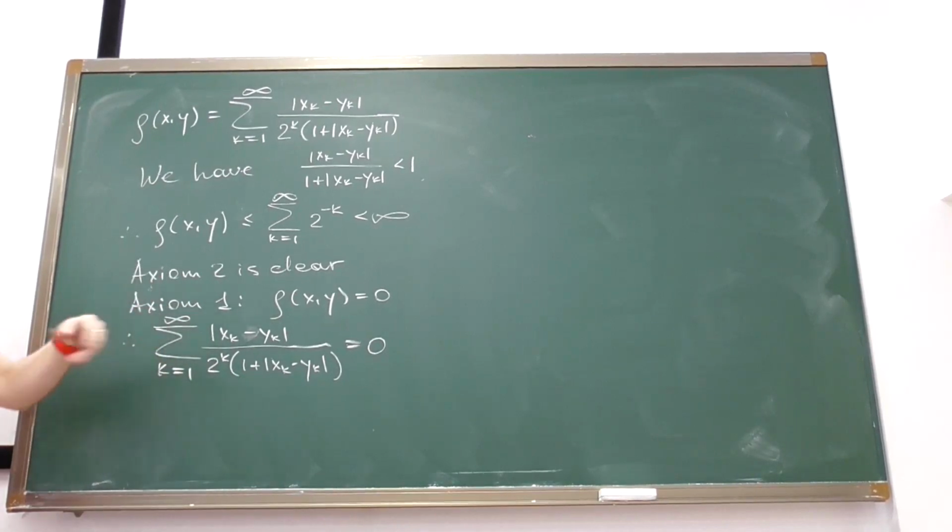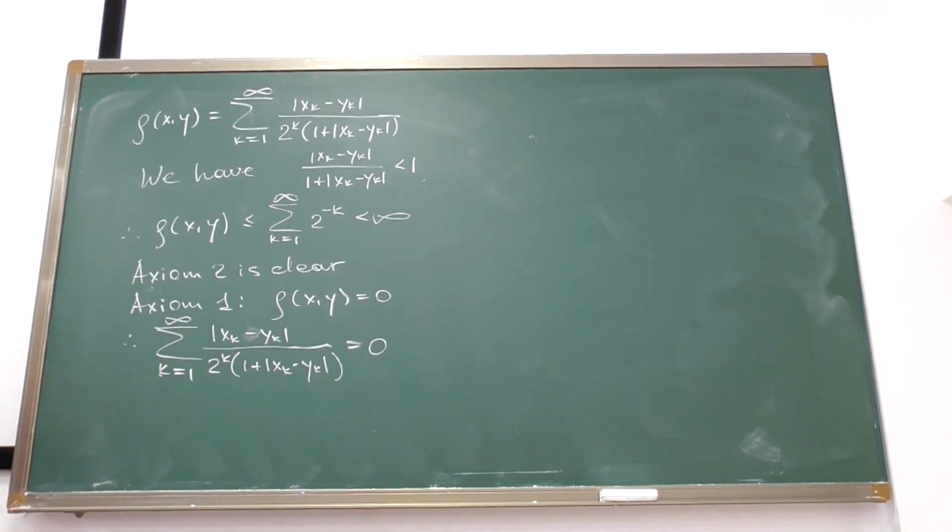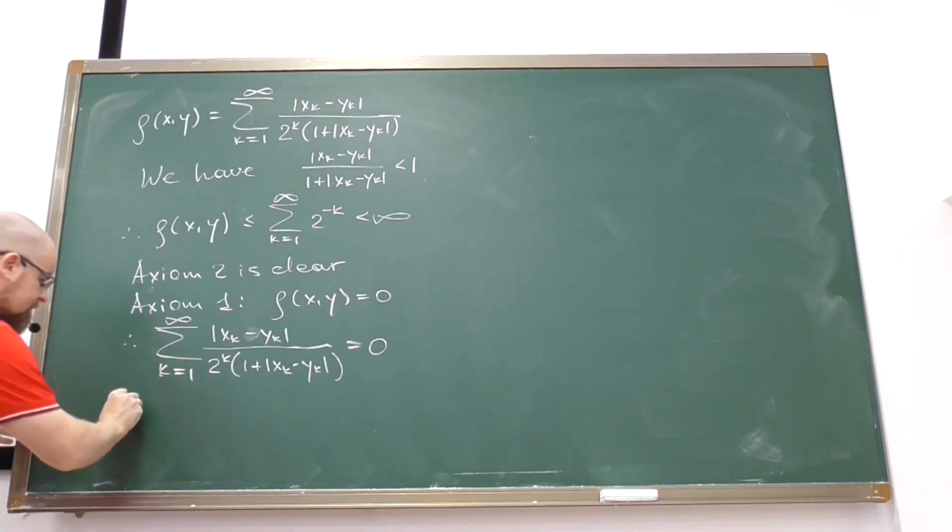So we have a sum of infinitely many non-negative numbers, and it equals 0, which means, if and only if, each of these numbers is 0.